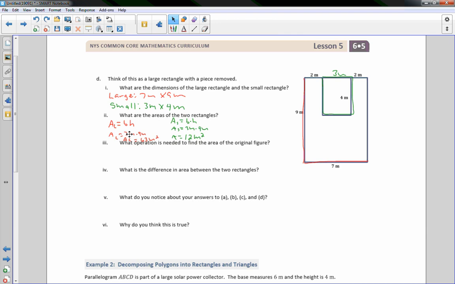Part 3 says what operation is needed to find the area of the original figure. And if we have a big one and we're taking away, we want to take this away from the big rectangle, leaving us with that shape we had before, this cut out, then it's subtraction.